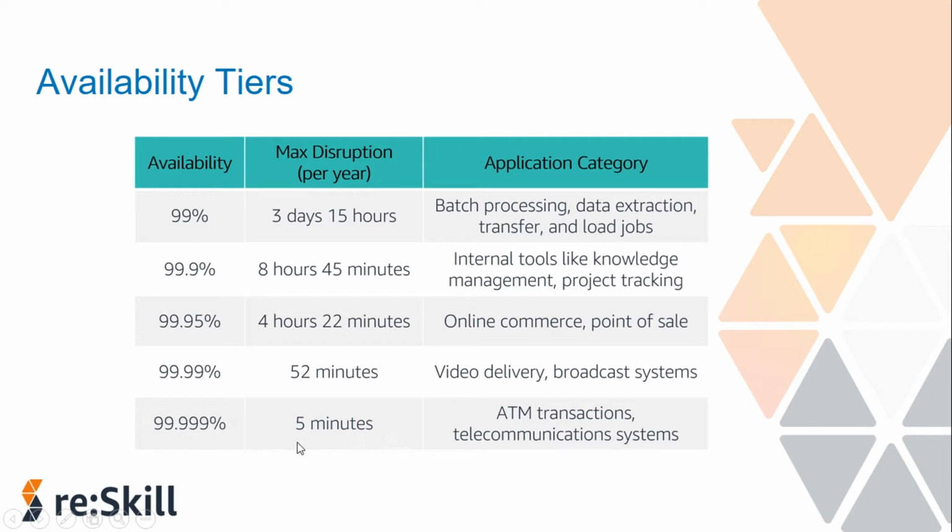For example, this 5 nines of availability is for really critical applications, for example ATM transactions. That sort of application, even if it is off for a few seconds, can lead to huge loss of money. So in those kinds of systems, we build more and more availability.